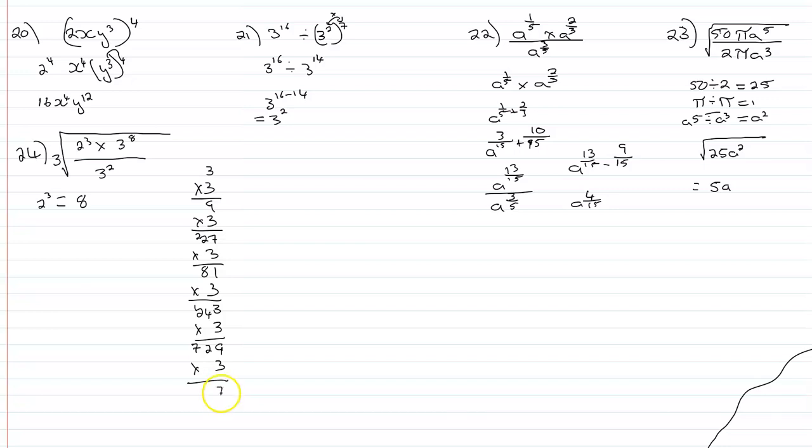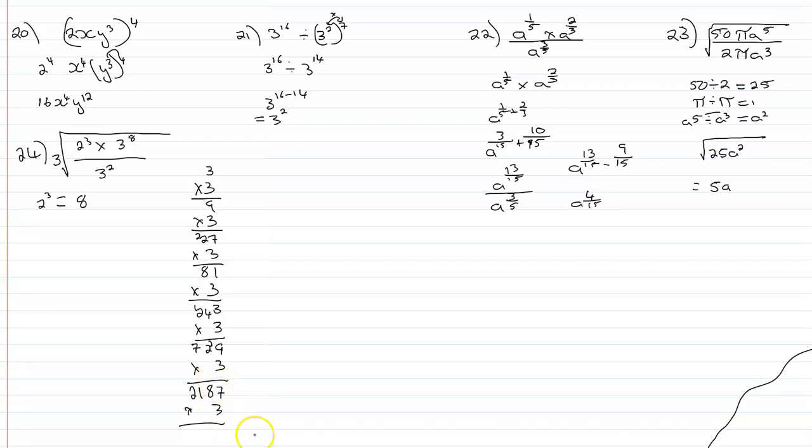Let's see how many times we have: 1, 2, 3, 4, 5, 6, 7. So one more, times 3.